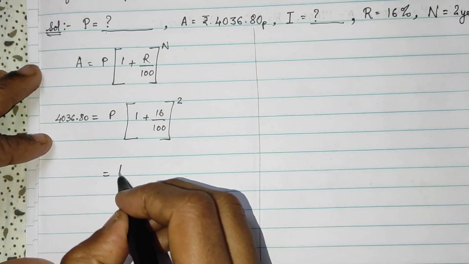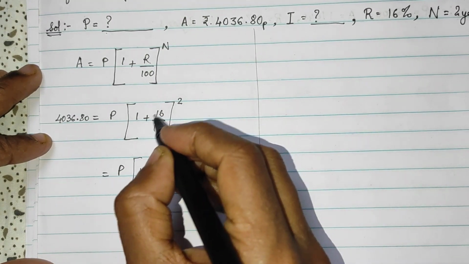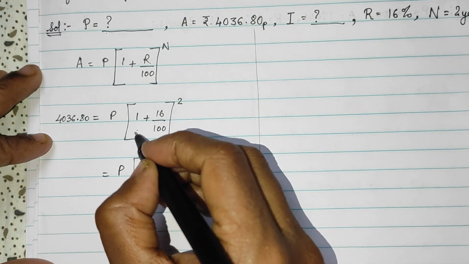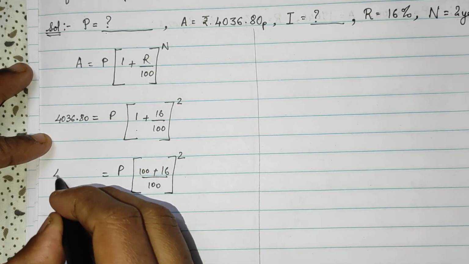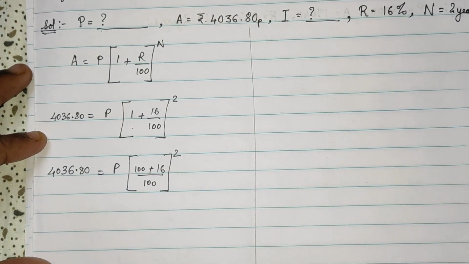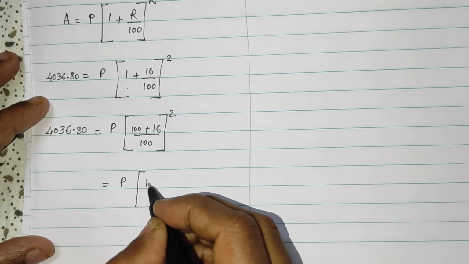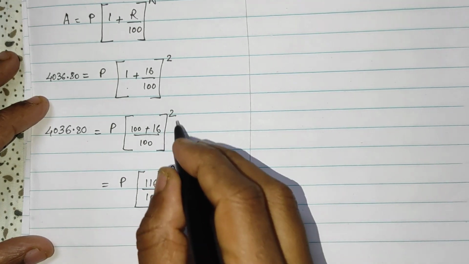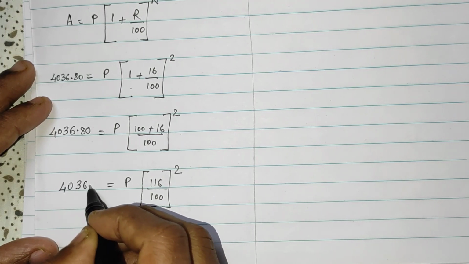So principal into 1 into 100, 100, 16 into 1, 16, 1 into 100, 100. P (116/100) raised to 2 means twice we have to multiply this, and here we have this amount.